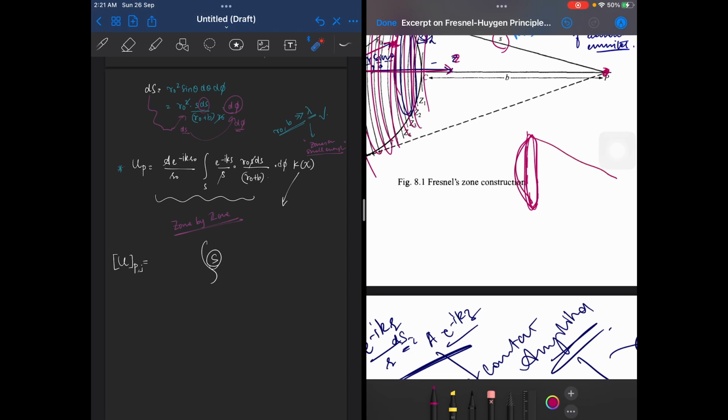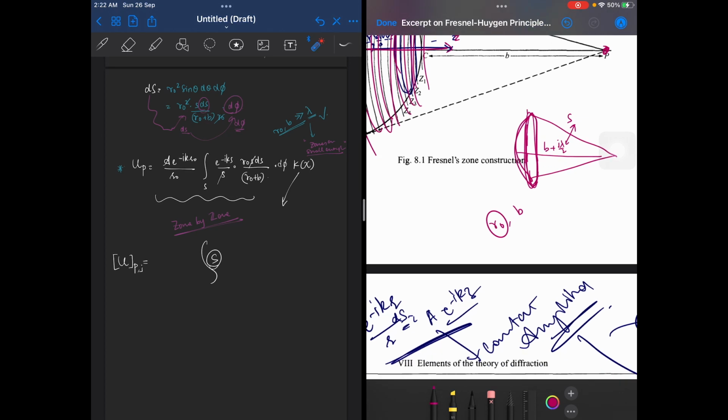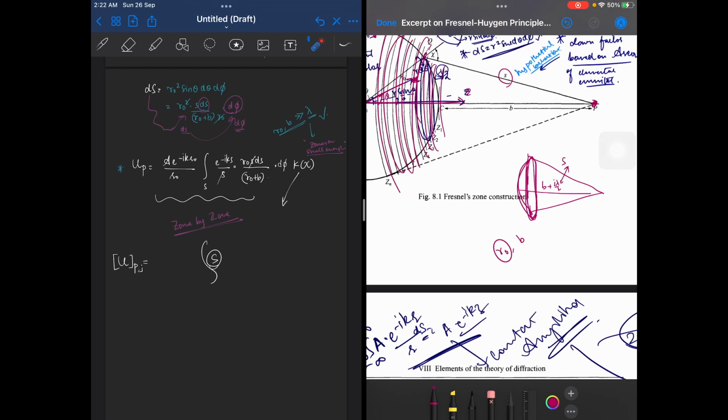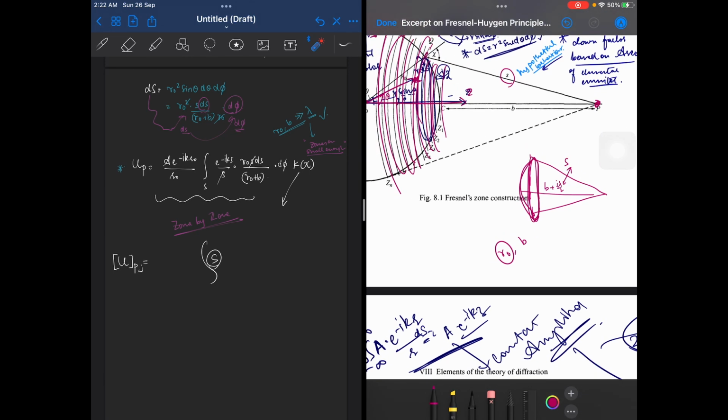If you are saying s and this b plus j lambda by 2 are equal, then it is very, very shitty. You're saying R0 is big enough and B is big enough. R0 is big enough, then ideally you get a plane wave like this.